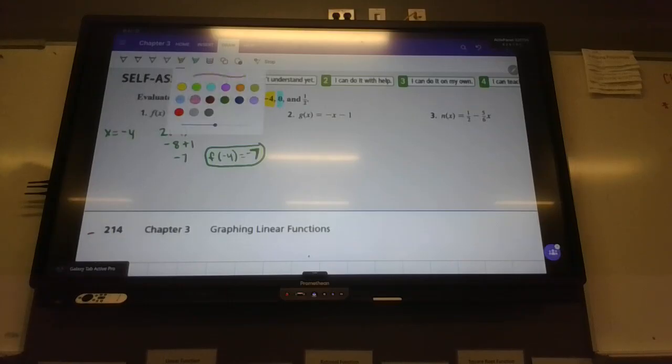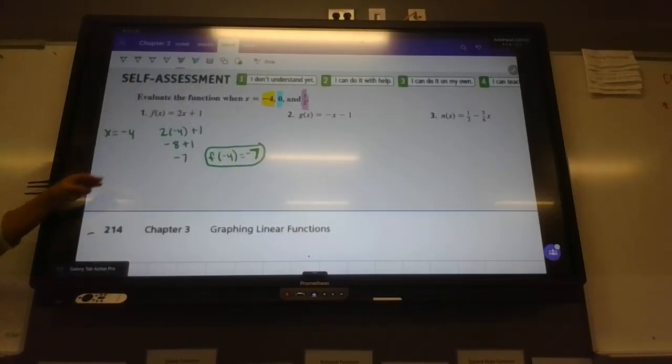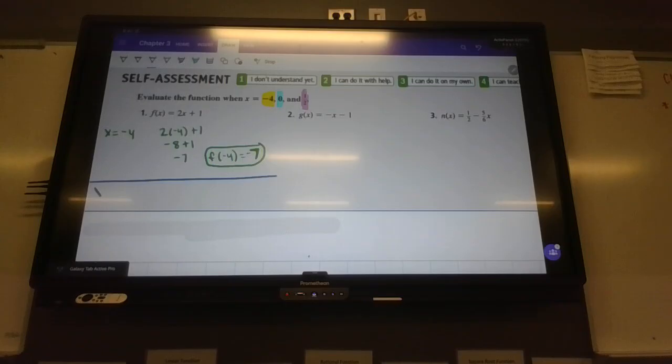It's one question, but there's 3 different x values you're asked to plug in. So I'm only 1/3 of the way through this. Now I'll do x is 0. 2 times 0 plus 1, 0 plus 1 is 1. F of 0 equals 1.